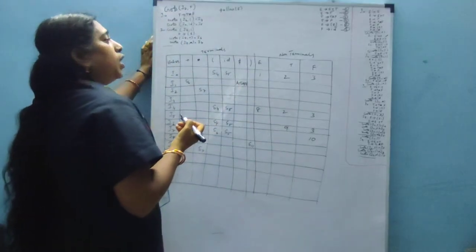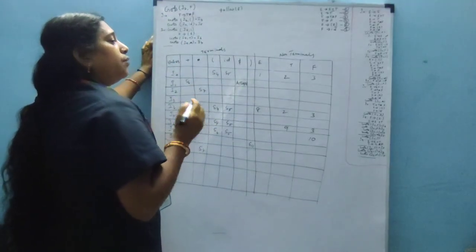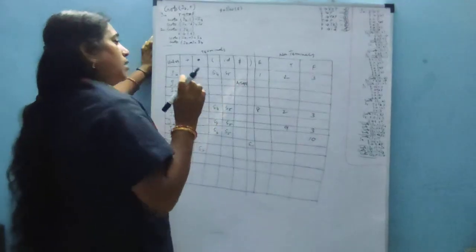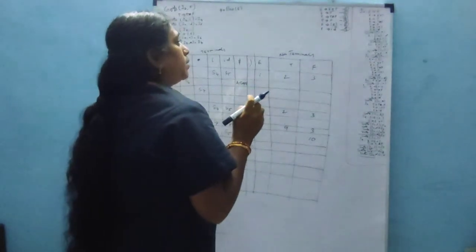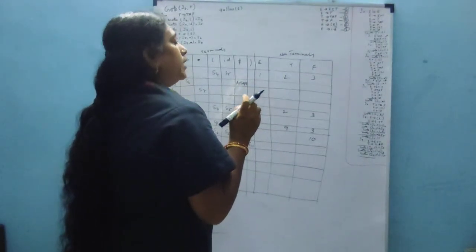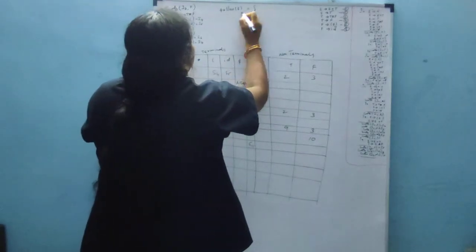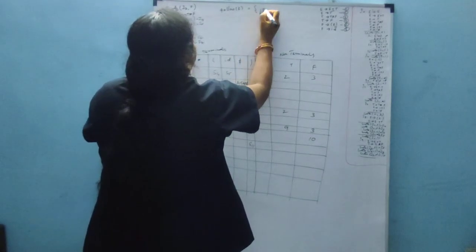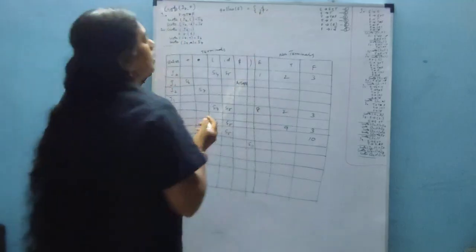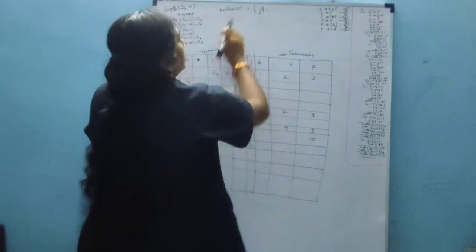Whenever we are finding the follow for the given start symbol, it contains a dollar. So for this I am going to add a dollar, because this is the start symbol.